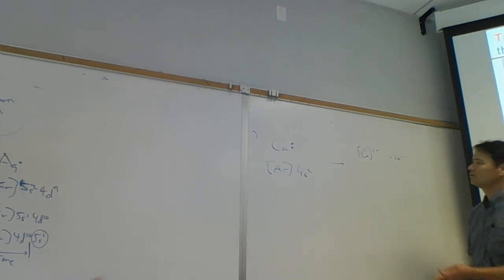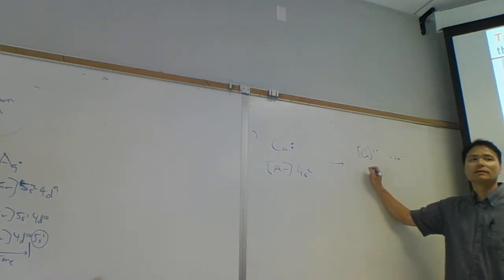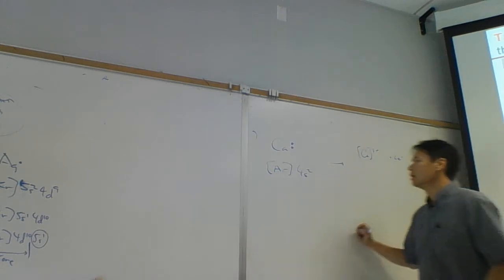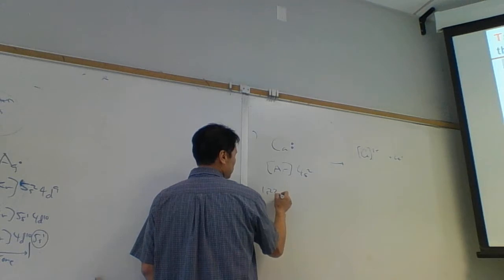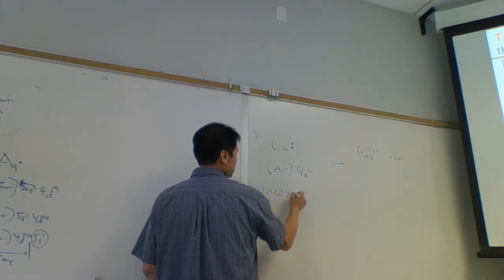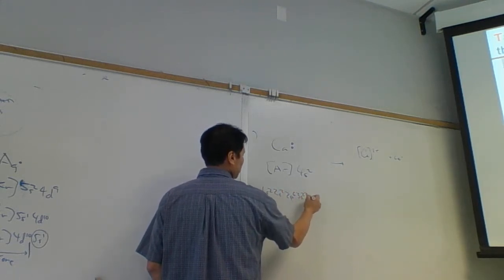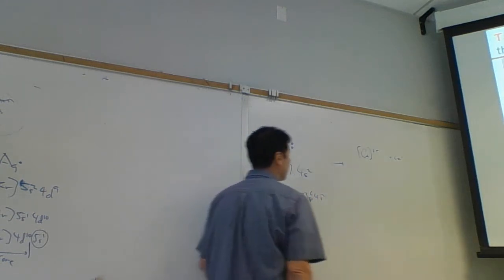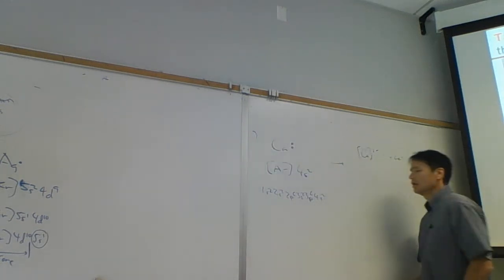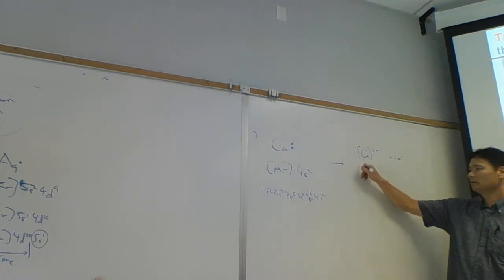Okay, what's the electron configuration for this? Probably should write it all out. Argon is 1s2, 2s2, 2p6, 3s2, 3p6, 4s2. Okay, if we lose those 2 valence electrons, then what are we left with?